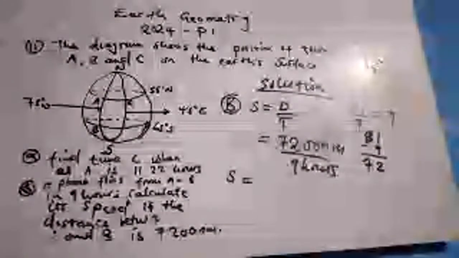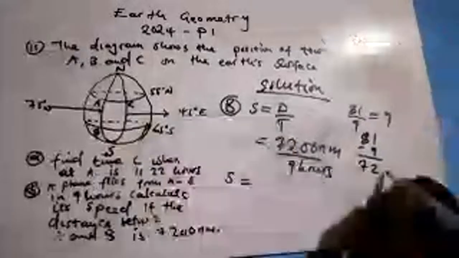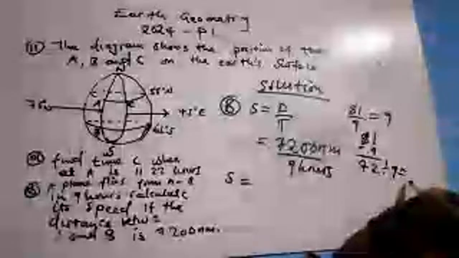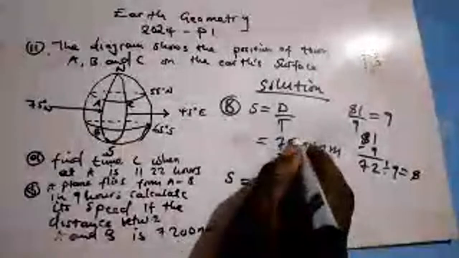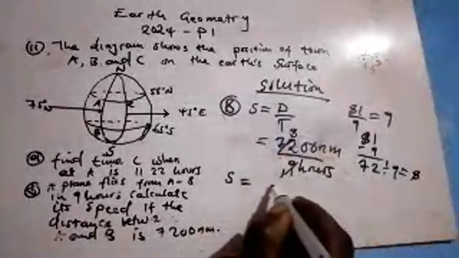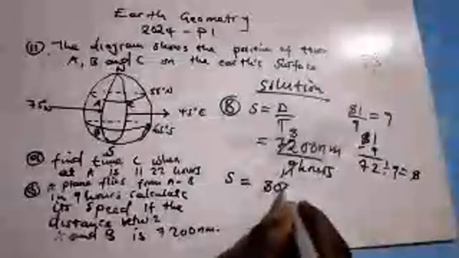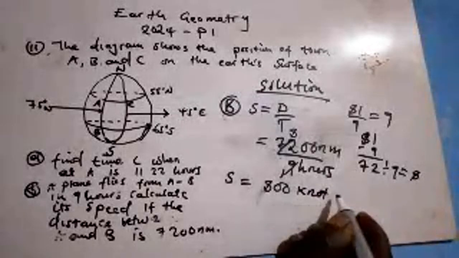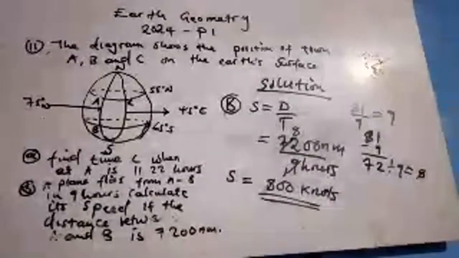So if 9 can go into 81 nine times, that means 72 divided by 9 should be 8. So we are going to have 800 knots. This is the speed. It should be measured in knots.